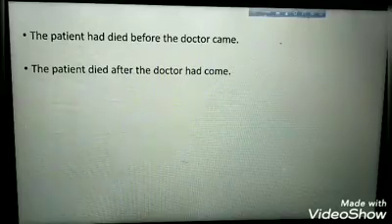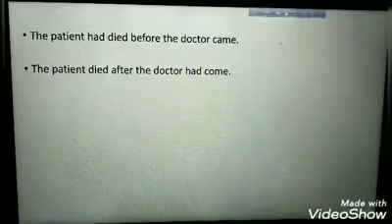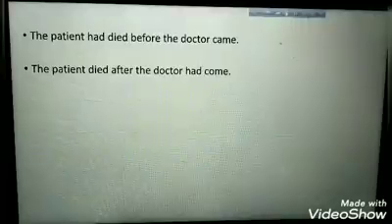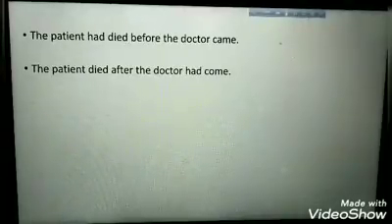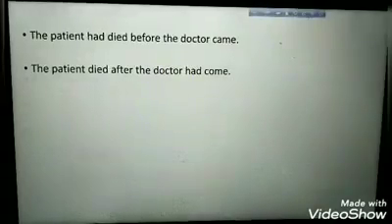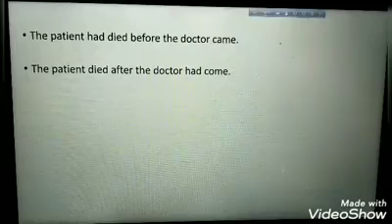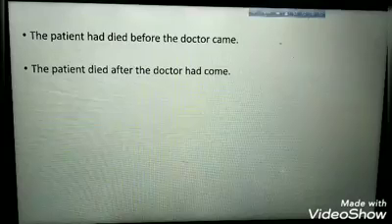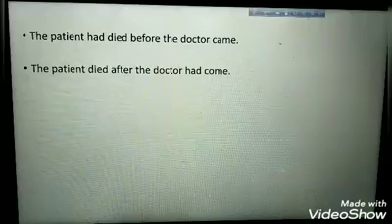And the second example is, the patient died after the doctor had come. So we'll have to use past perfect tense after the word after, okay. This is the key word. You will have to remember this word. This is very important for the right form of verbs. And before, after, we'll have to use past indefinite tense, the patient died.